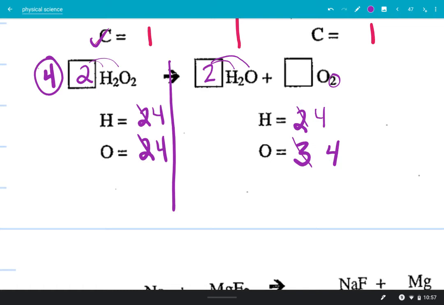Oh dear, I've got 4 oxygens now. Okay, wait. Guess what, guys? There's 4 oxygens, there's 4 oxygens. Because 2 times 2 is 4, and there's 2 of them in there, 2 of them in there, we're done. So this is actually a 1. Woohoo! Alright.